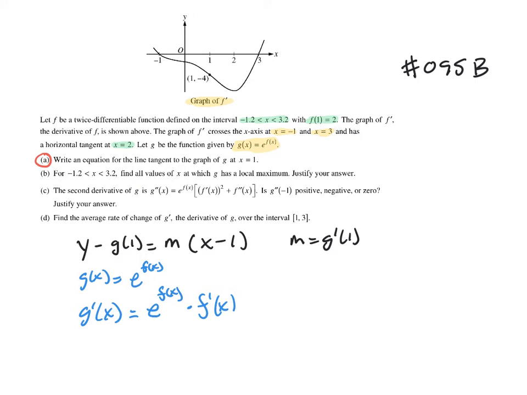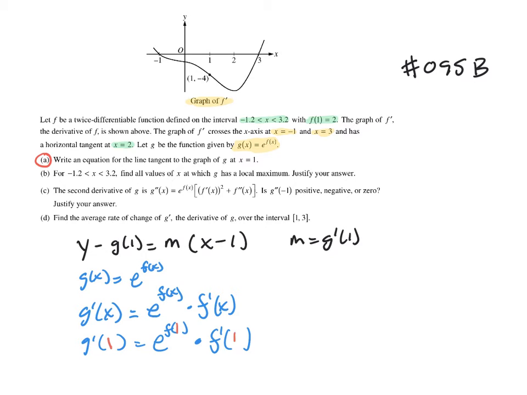And we need to compute g prime of 1. So we're going to plug a 1 into this function. So we're going to do e to the f of 1 times f prime of 1. Okay, that's how we're going to compute this.